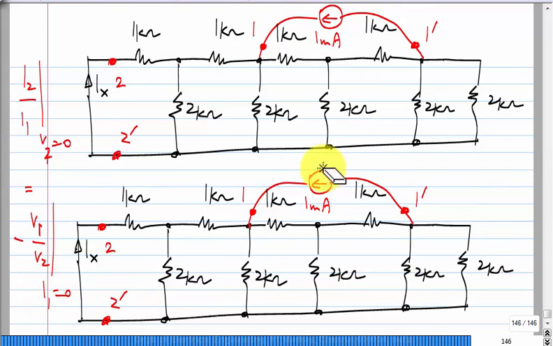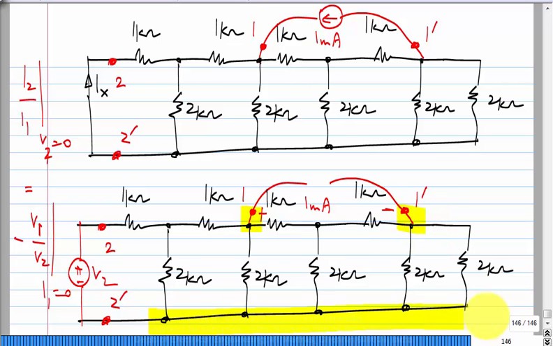I1 being 0 means you just open circuit this, okay, and you have to measure V1, that is between these two terminals, and you have to apply a voltage V2 there. So, what is the voltage between these two terminals?